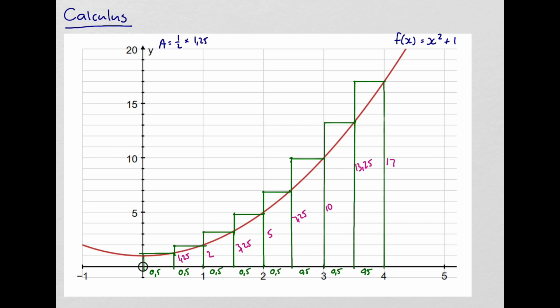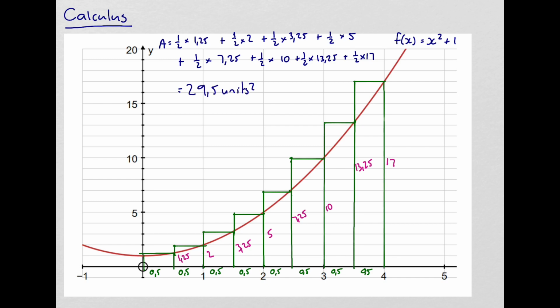That's the first rectangle, plus the second rectangle, this is going to be long, a half times 2, plus a half times 3,25, plus a half times 5, going to the next line, plus a half times 7,25, plus a half times 10, plus a half times 13,25, plus a half times 17. And once we add those all up, that in total gives us 29.5 units squared.